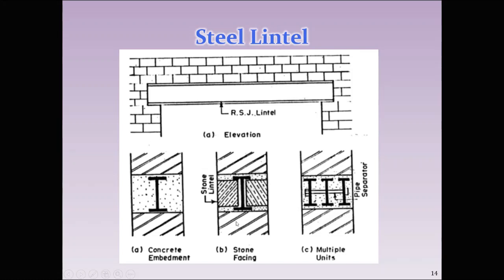And sometimes we can provide a stone lintel on both sides of it as facing stone, and here mortar is placed. So in case we are using multiple units of rolled steel joists, they can be separated and kept in place with the help of pipe separator, as shown in this diagram.